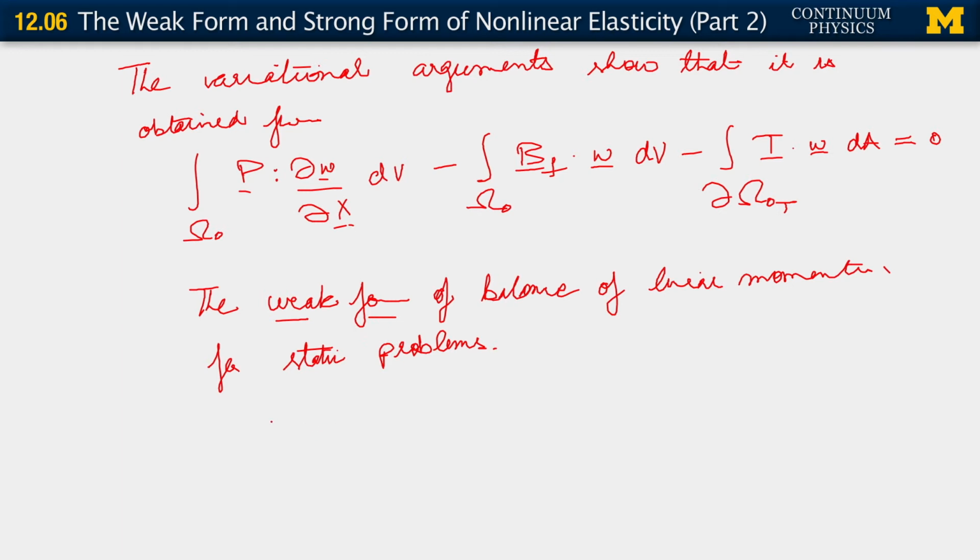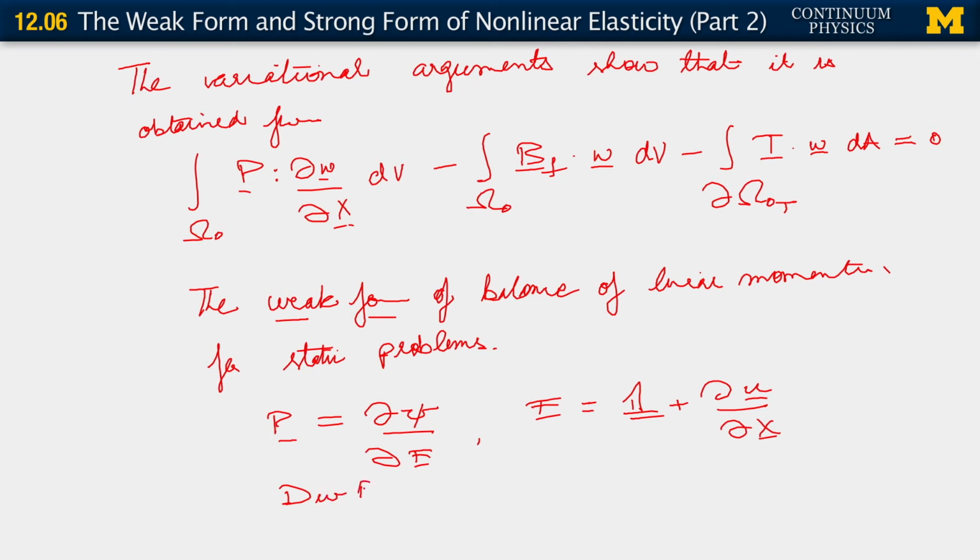The other reason is that if you recall that P is equal to the derivative of psi with respect to F, where F itself is obtained as a displacement gradient, okay, and then in the strong form we have another divergence of P. Okay, what this implies is that we have more derivatives being applied to our displacement field, because already P depends upon the gradient of u, and then we're going to take another divergence of P. Okay, all right, so this form means that there are more derivatives in the strong form, fewer in the weak form, right?